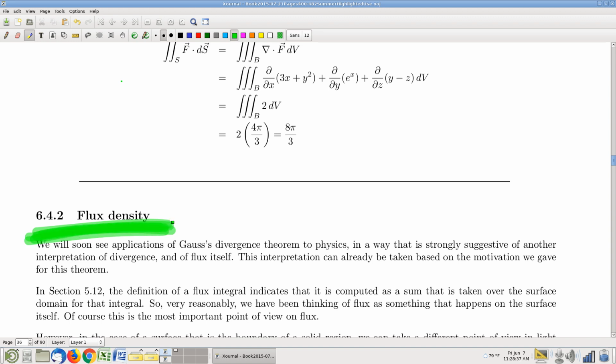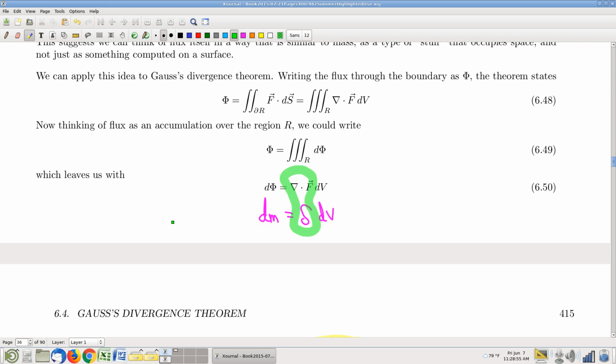Sometimes people will describe Gauss's divergence theorem as a statement about flux density. People will say, routinely, you'll hear the following language: flux is a triple integral of flux density. Which, using this shorthand, it is. Flux is a triple integral of flux density.